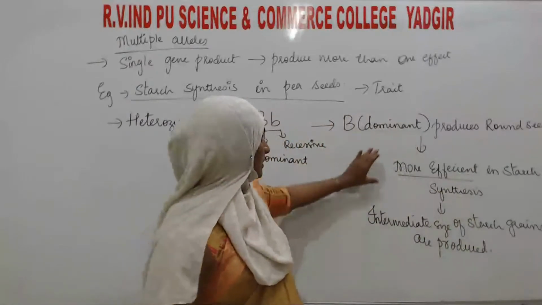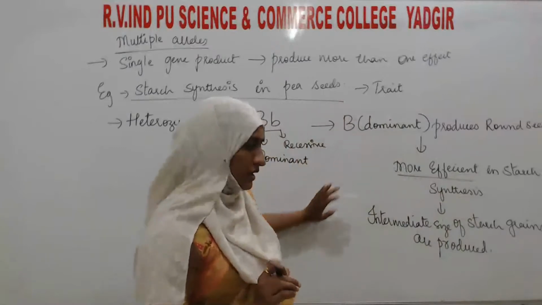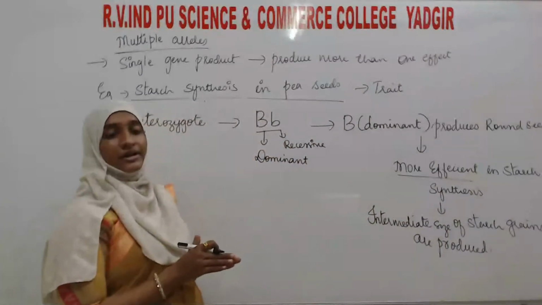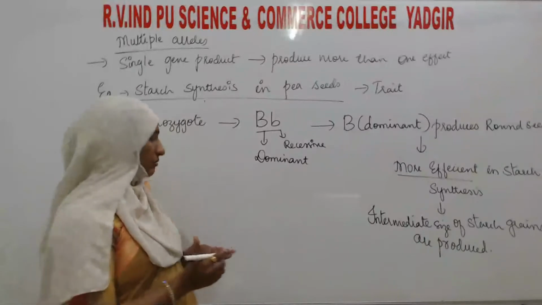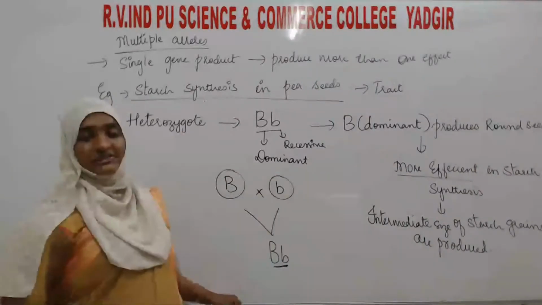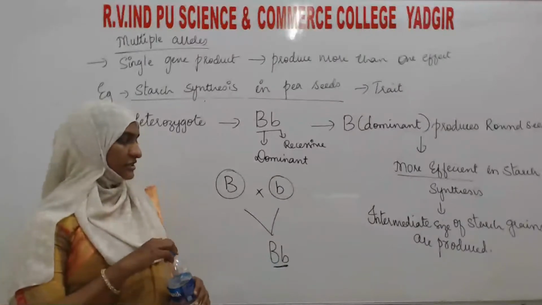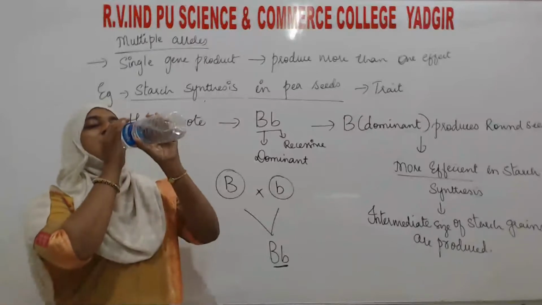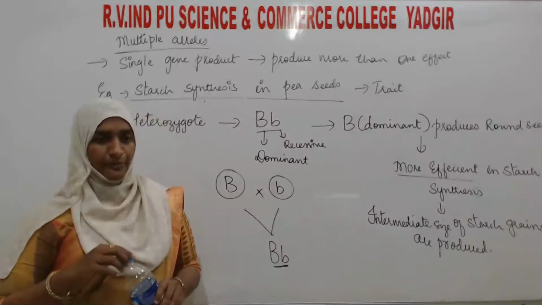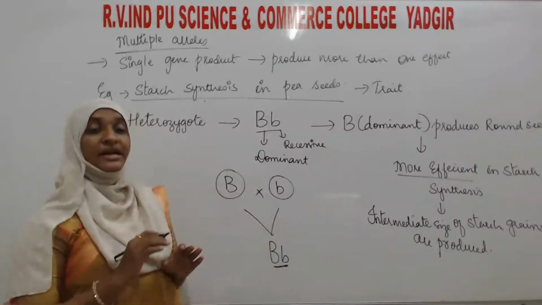Why? Because it has one dominant gene, the capital B, due to incomplete dominance. In that condition, what will they produce? They will produce the medium size.